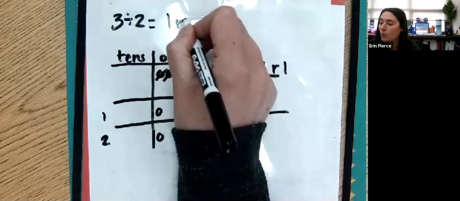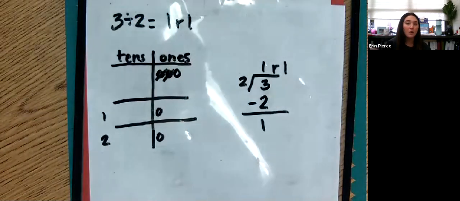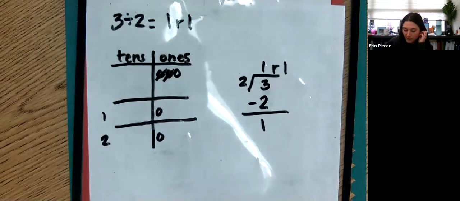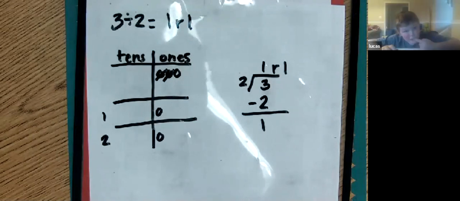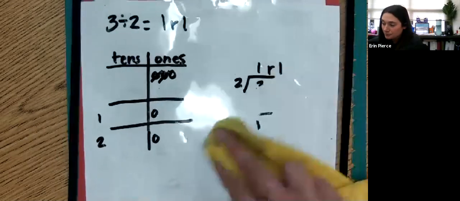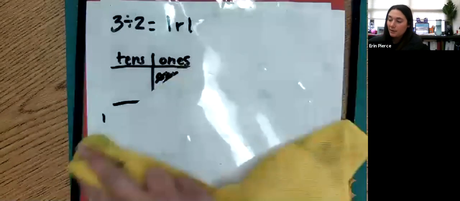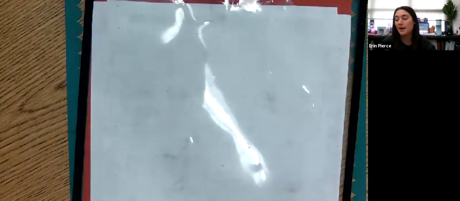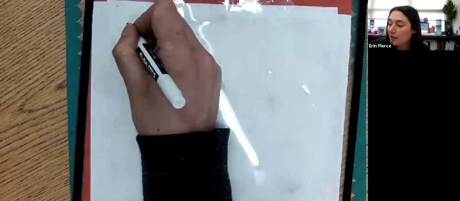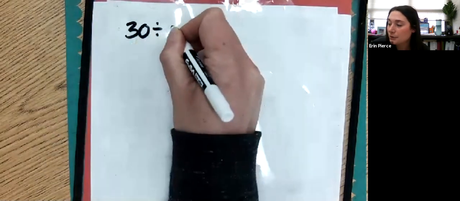Okay, but now we're going to expand on that, and instead of 3 divided by 2, we're going to have 30 divided by 2. So if I erase my board, remember I'm talking about remainders today. 30 divided by 2.